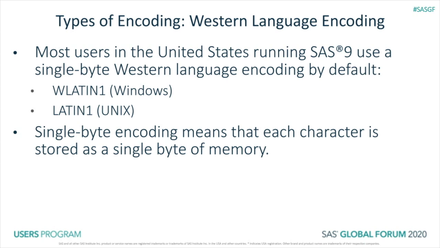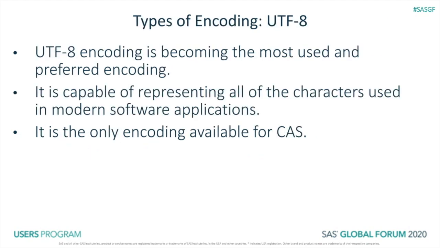A single byte encoding just means that each character is stored as a single byte of memory. The other type of encoding we'll need to consider is UTF-8. UTF-8 is becoming the most used and preferred encoding. This is because it's capable of representing all the characters used in modern software. So as a result, UTF-8 is the only encoding available in CAS.